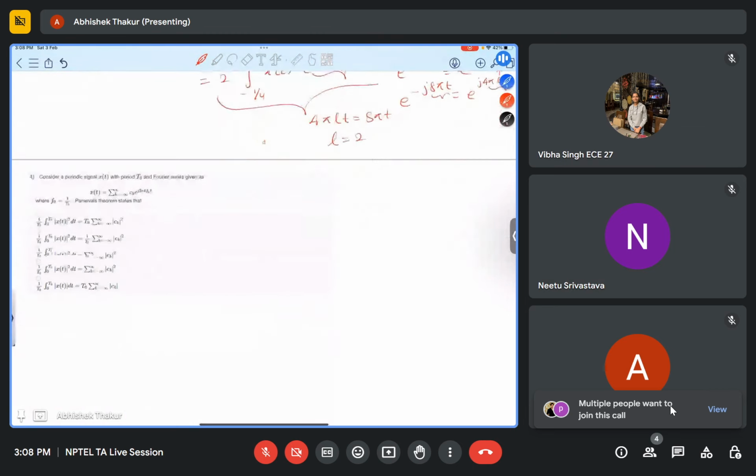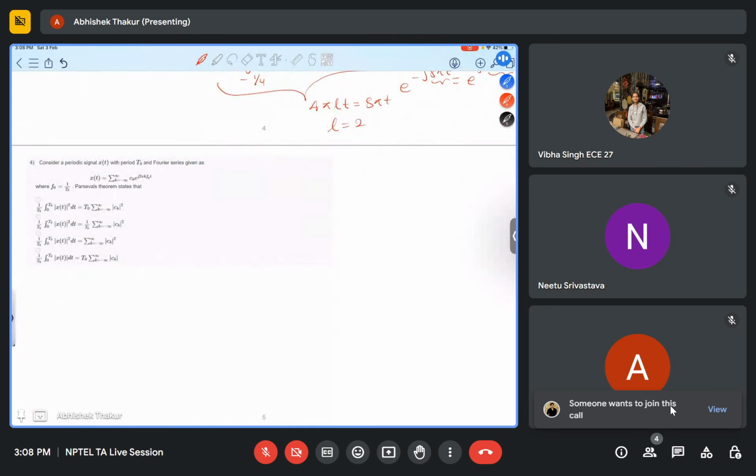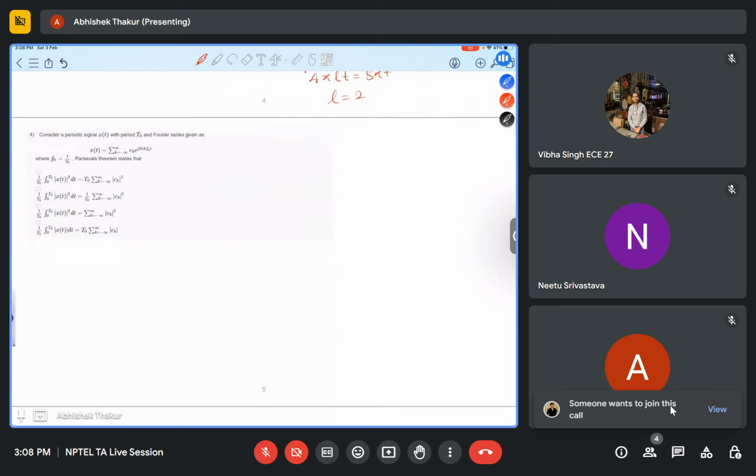The next question is: consider a periodic signal x of t with period T naught and Fourier series given as summation of c k e to the power of j 2 pi f naught t, and f naught is equal to 1 by T naught. They are asking what Parseval's theorem states.